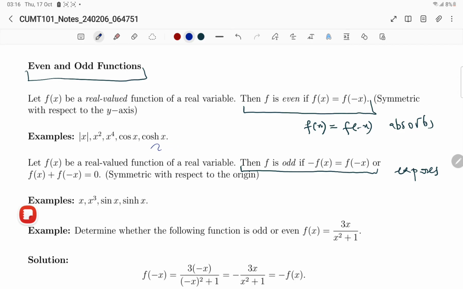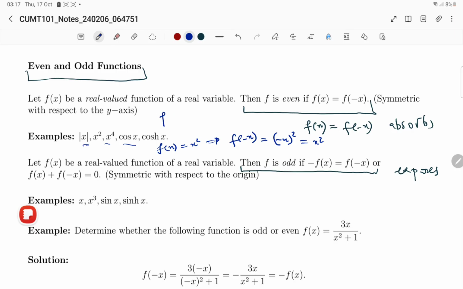If we say f of x is equal to x squared, you can see that if we consider f of minus x, we get minus x squared, which is equal to x squared. So this one absorbed the negative value. The same applies with cos x, x to the power 4, or modulus of x.